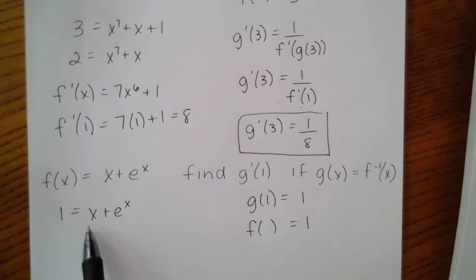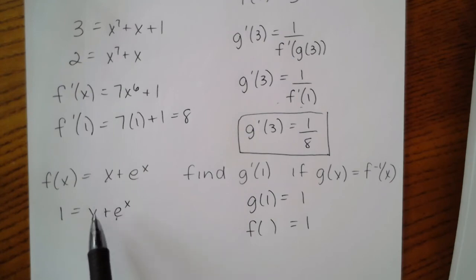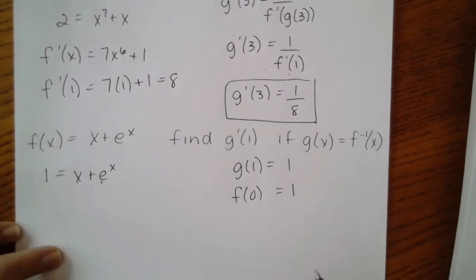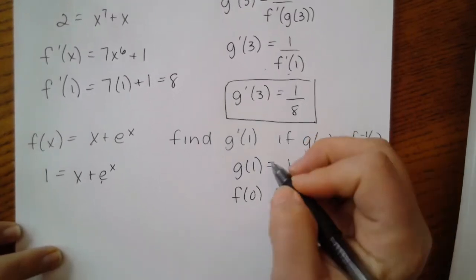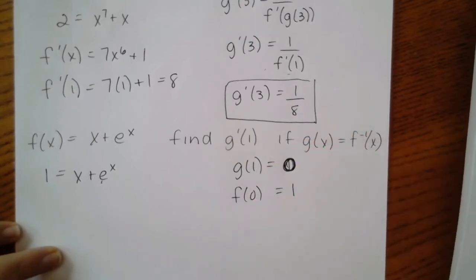Because if I plug in 1, I get 1 plus e, which doesn't help me. It's not equal to 1. But I notice anything to the 0 power is 1, and if I plug in x as 0, I get 0 plus 1, which is 1. So that means that f of 0 equals 1. So g of 1 is actually equal to 0 then.